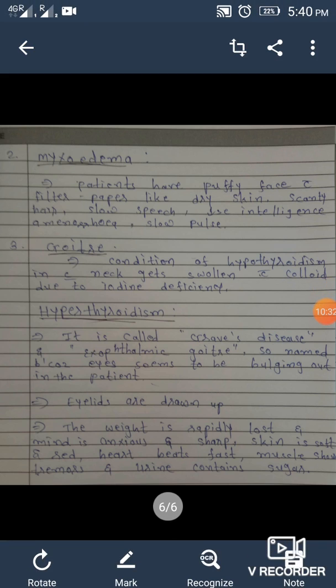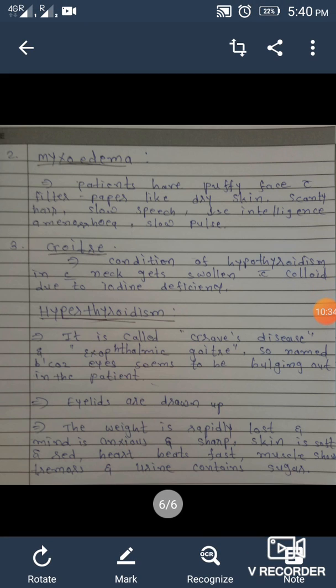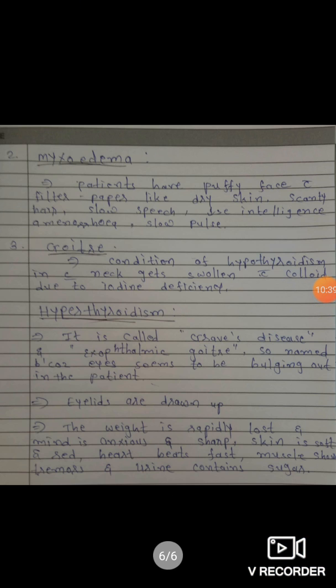Plus you can also find the person with palpitation, rapid heartbeat. Muscles show tremor, which means shaking will occur, the person has shaky hands. And urine also contains sugar. You will find sugar in urine. So this is all about the thyroid gland.